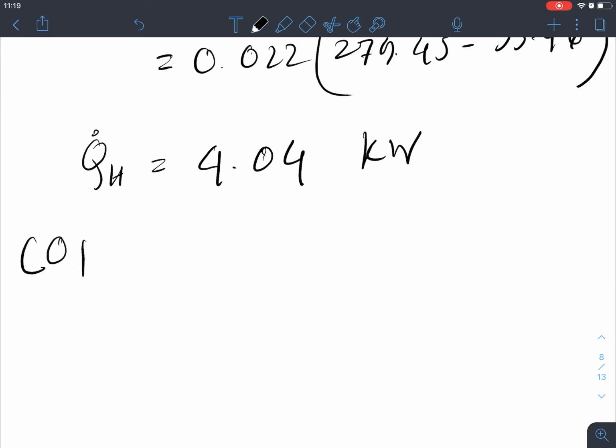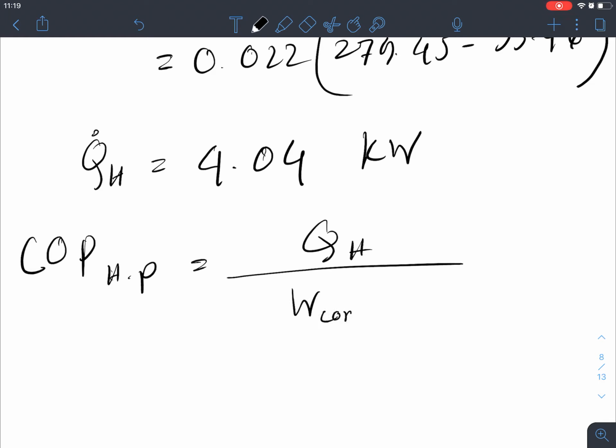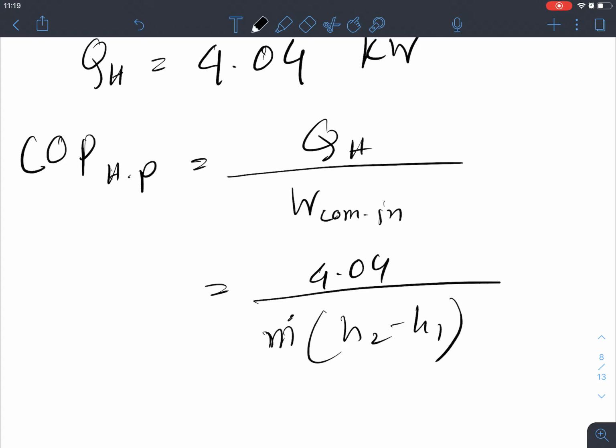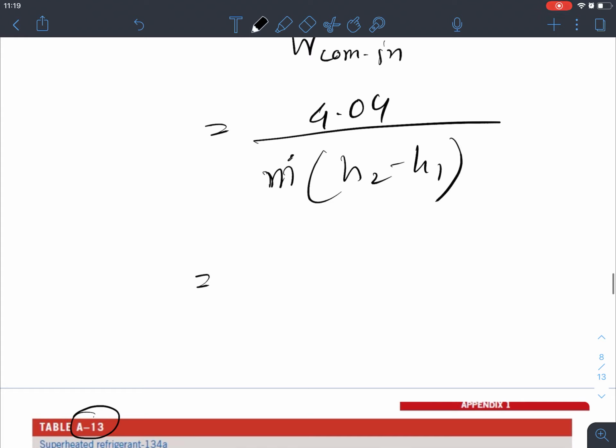And the COP of the heat pump would be QH divided by W compressor in, right, which is 4.04 divided by mass times H2 minus H1.